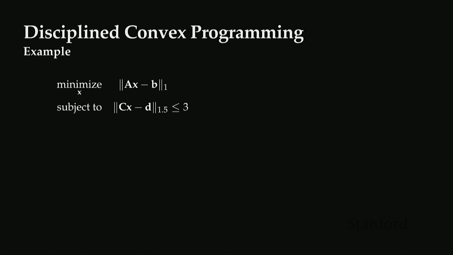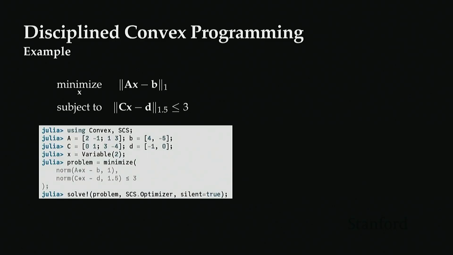Here's an example of what that looks like. Say you have this convex objective and convex constraint here. It's not an LP, not a QP. Maybe you can solve this with gradient descent with some penalty methods, or come up with some other solutions. Alternatively, if you use disciplined convex programming, all you have to do is import the DCP package, Convex in Julia, CVXPY in Python, import a solver, SCS, specify your problem in what looks like a very human-readable form, so to minimize the objective given the constraints, and say solve.